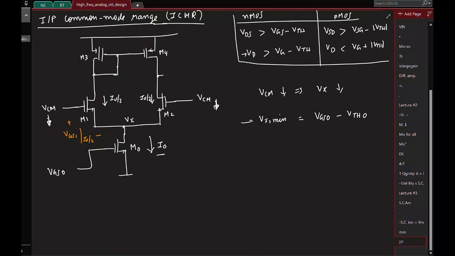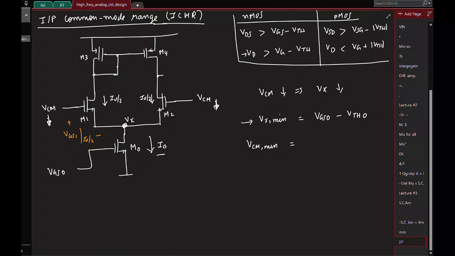So yeah, this is the minimum source voltage for the transistor M1. So what is the minimum gate voltage? I'm saying the source is at this minimum voltage.